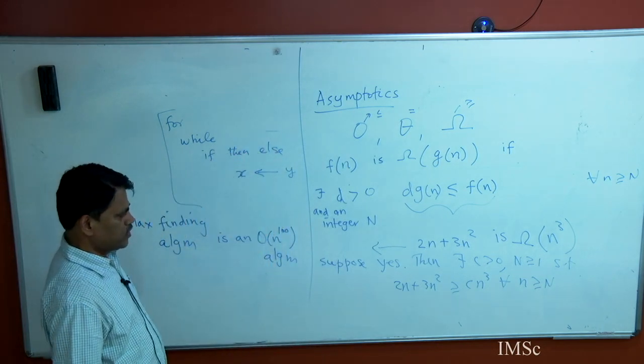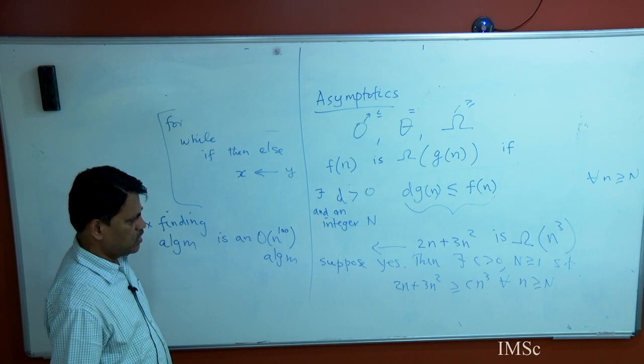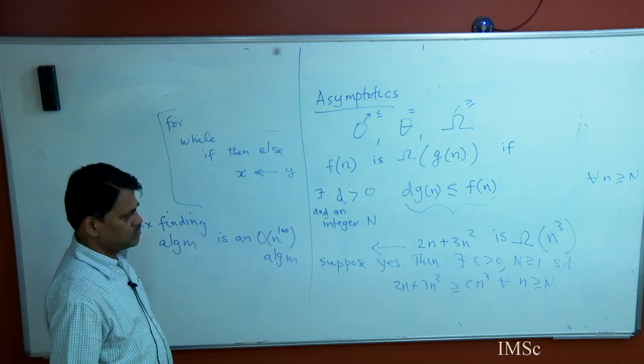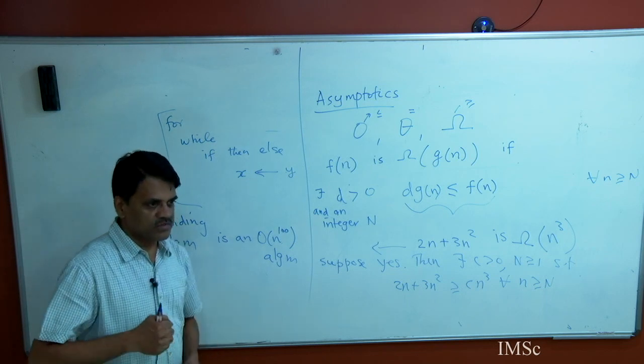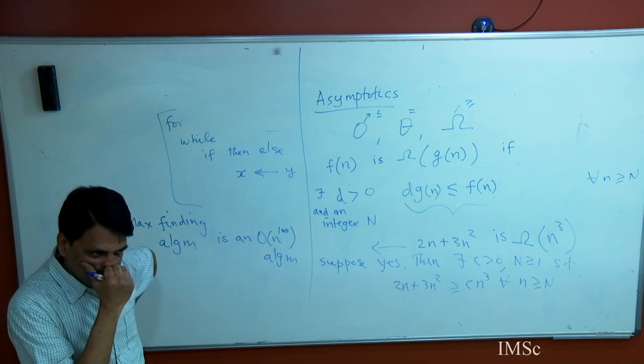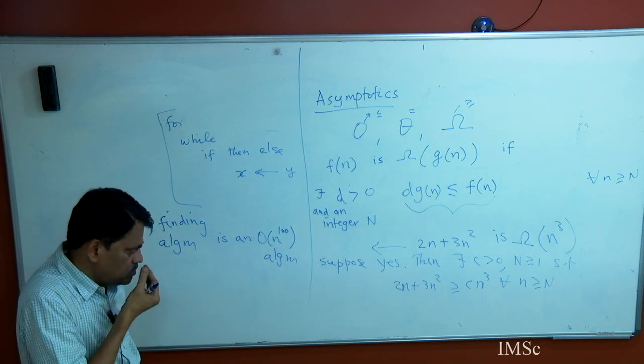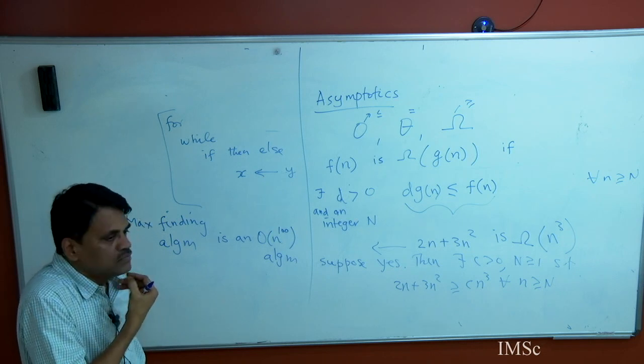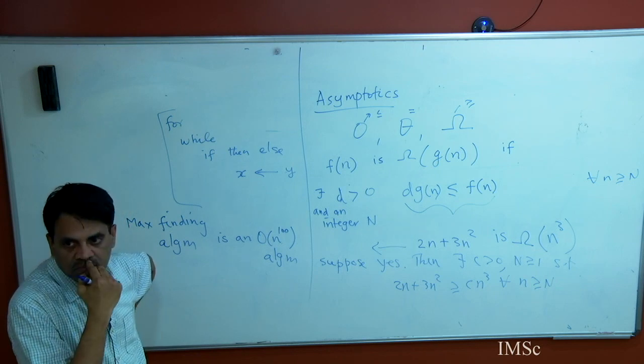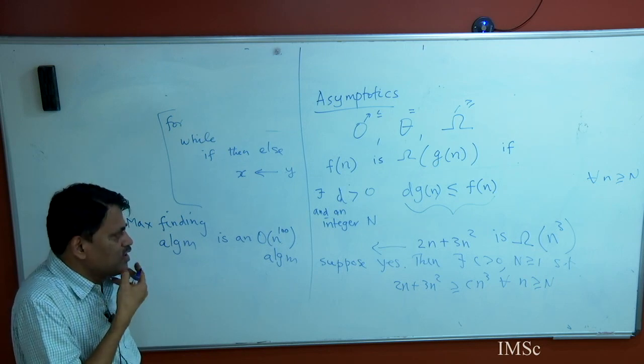Okay. So what do you want to do? How do you get a contradiction? Find the zeros.